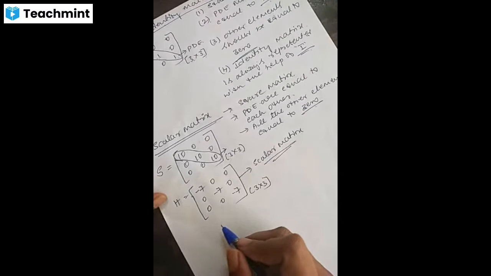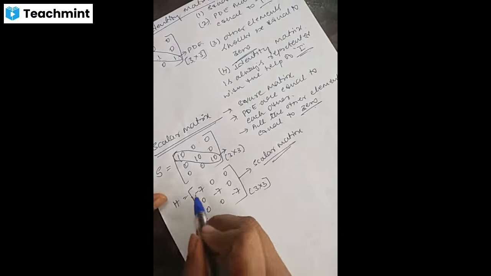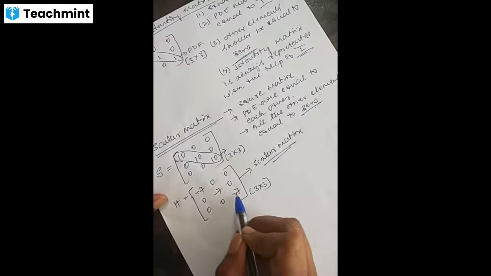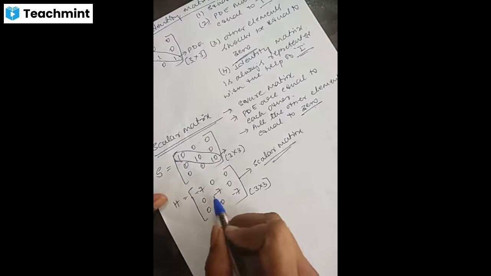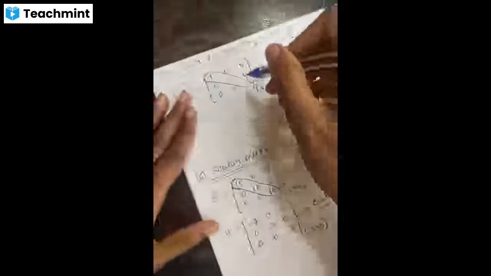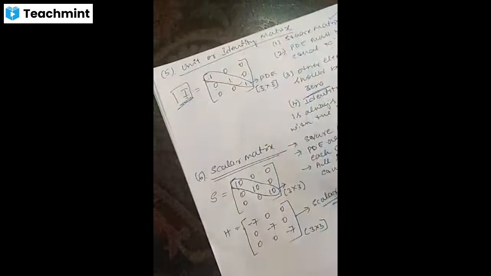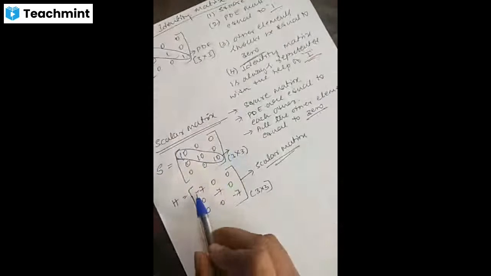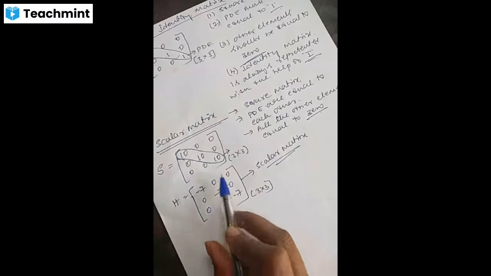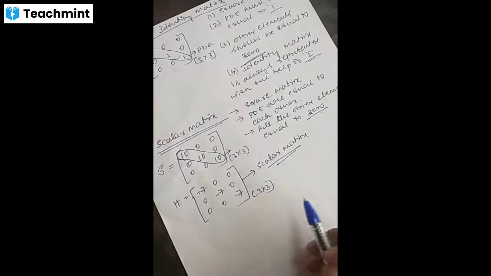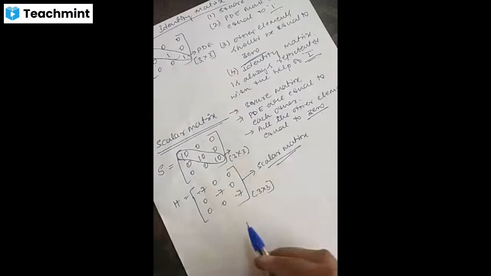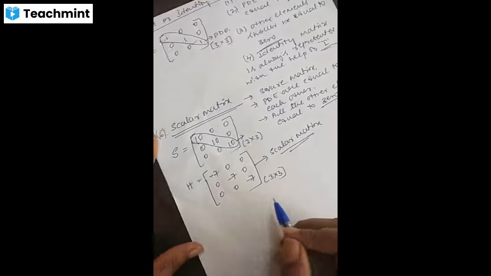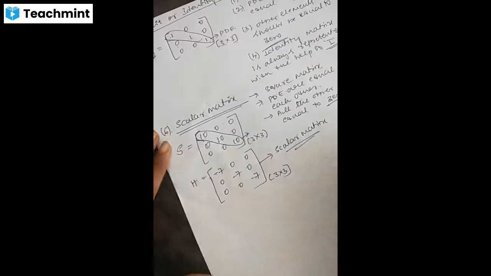Yes, it's a scalar matrix because here you can see the principal diagonal elements are equal to each other, but it is not equivalent to 1. If it is 1, it becomes a unit matrix or identity matrix, right? Which is not equivalent to 1 and which is other than 1, minus 7, and all the other elements are equal to 0, right? Therefore, we are going to consider this as a scalar matrix.